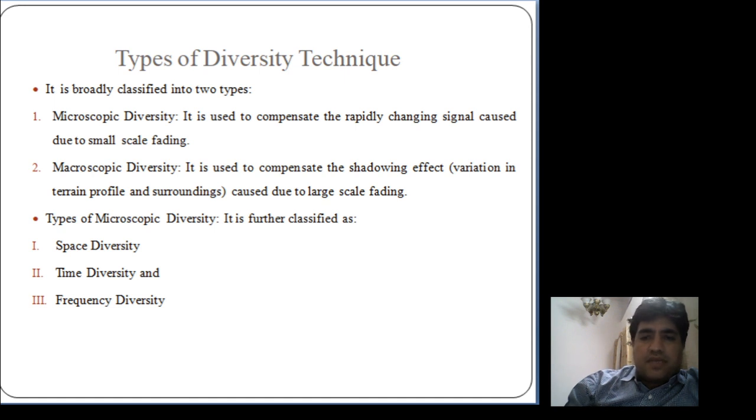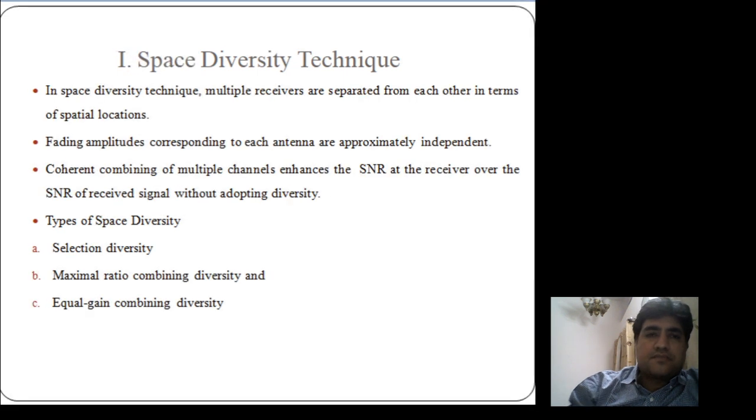So we'll be covering the types of microscopic diversity that is to compensate for small scale fading. It is further classified into three types: space diversity, time diversity, and frequency diversity. So first let us see what is space diversity. If multiple receivers are separated in terms of space, then that is known as space diversity.